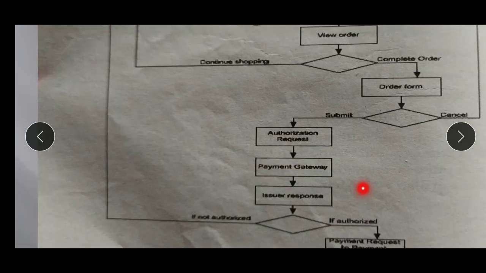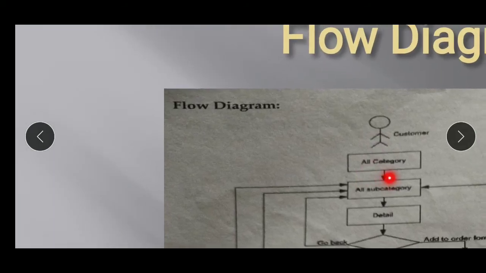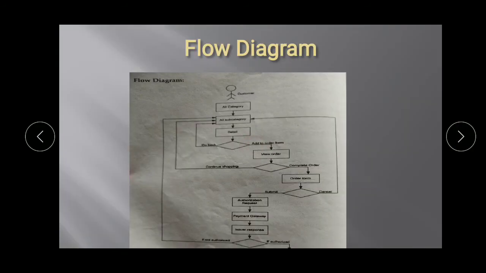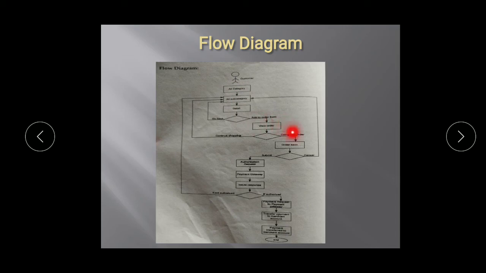You can see many arrows here, that is 1, 2 and 3 in the all subcategory. What I explained was the normal transaction which was done from here to here. But can you see this arrow, and this arrow?